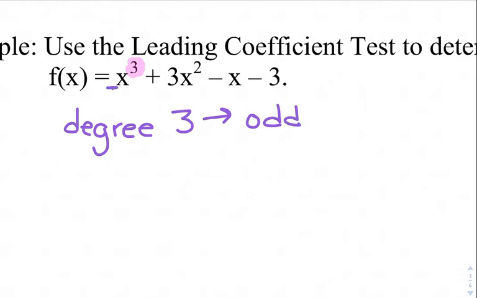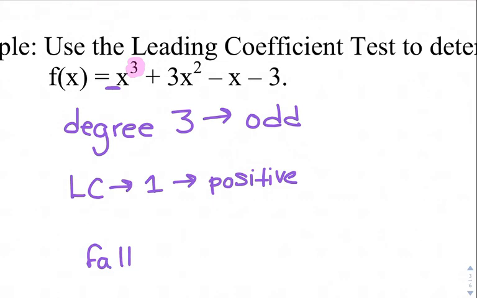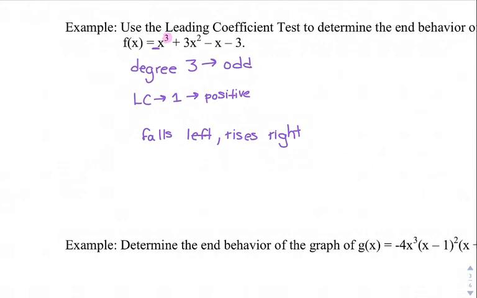Now I look at the leading coefficient, which is just 1. Is 1 a positive number or a negative number? It's positive. So I have an odd function with a positive coefficient, which means it's going to fall left and then rise to the right. And that's all we're looking for. You have to notice the degree, the leading coefficient, and then what it does.